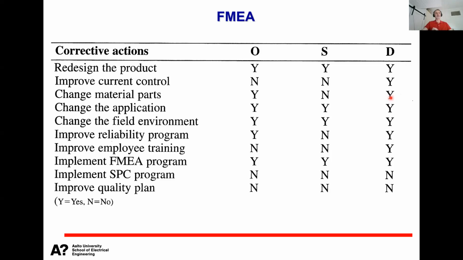Let's say you are changing from one aluminum alloy to another aluminum alloy, then you can increase the mechanical performance, but from the detection point of view, let's say you are checking welding voids with X-ray, there is no difference. Then this would be no.